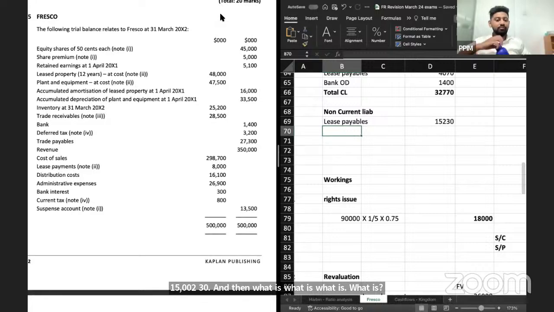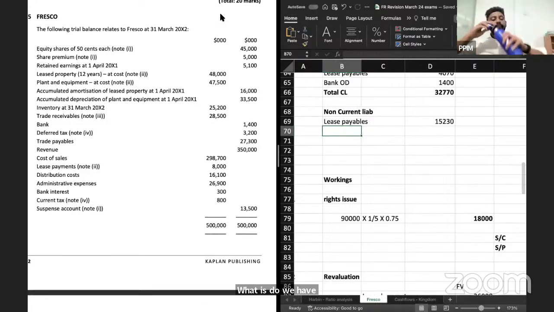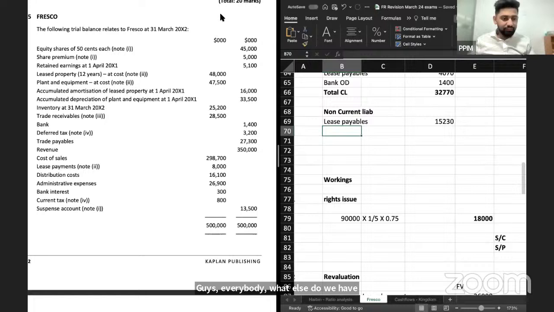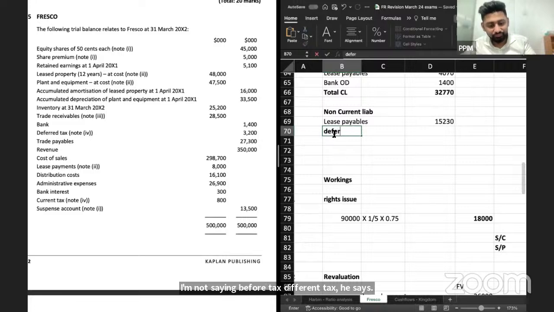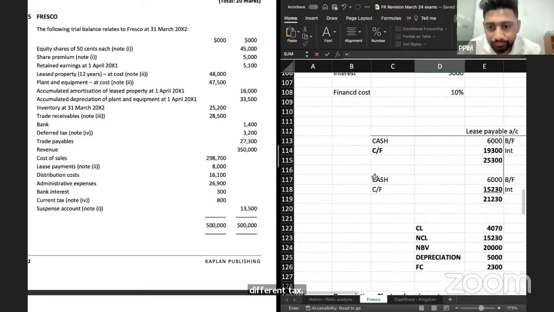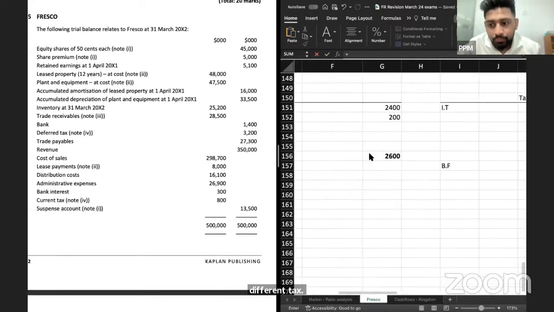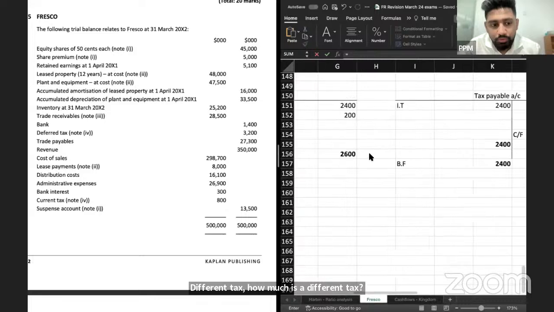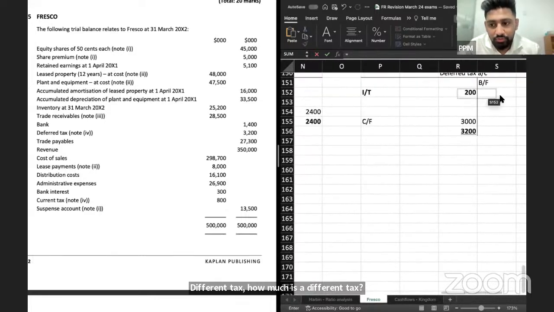Guys, everybody, what else do we have? Amna says deferred tax. Deferred tax. How much is your deferred tax? Carried forward 3,000. Very confident.